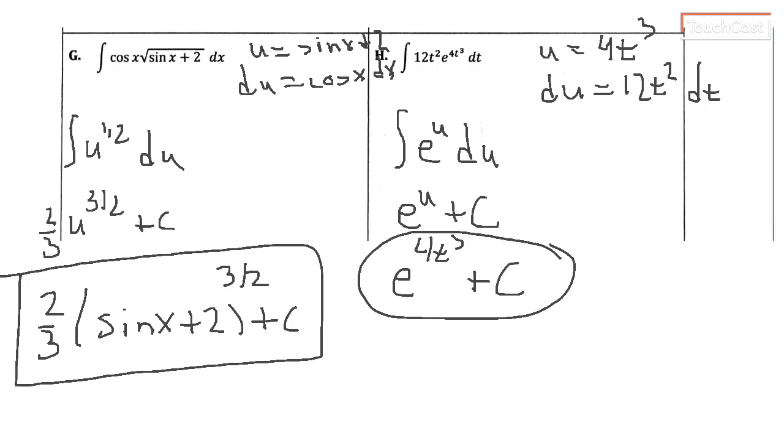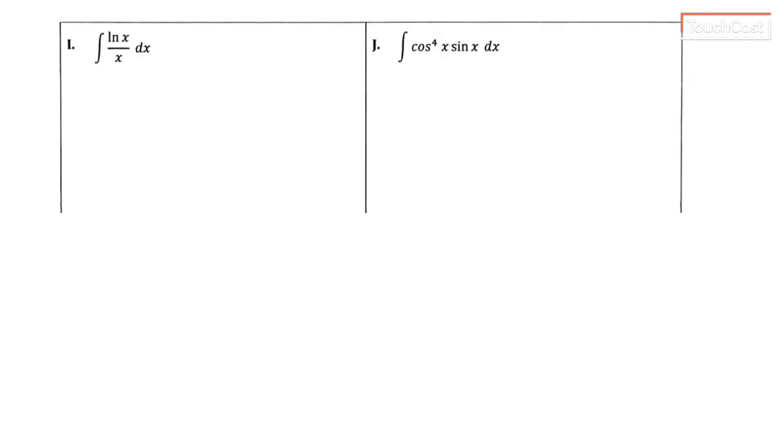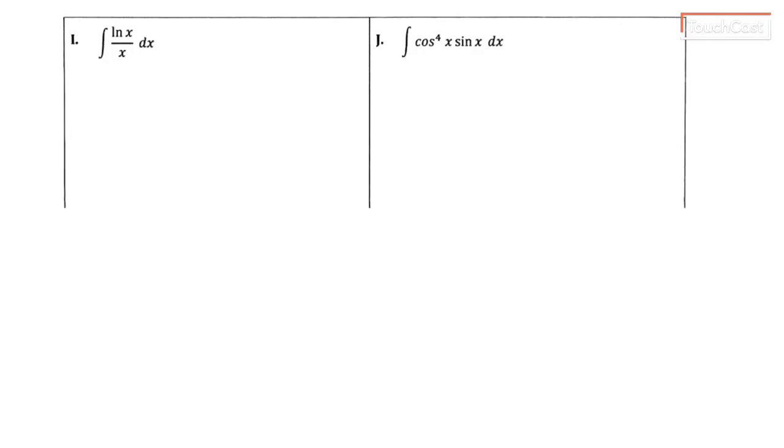Alright. I think we've got time for 2 more examples. So let's for sure do one more. We'll see if we have time for a second in this video. We've got the integral of the natural log of x over x with respect to x. So I'm going to let u be the natural log of x. Because when we take the derivative of that, derivative of u, we're going to get 1 over x dx.